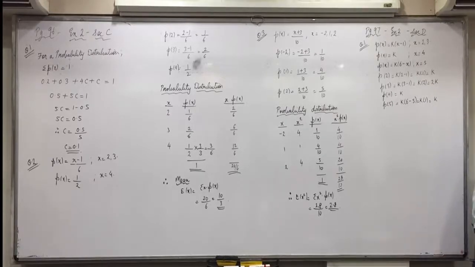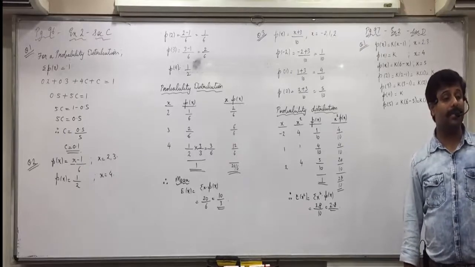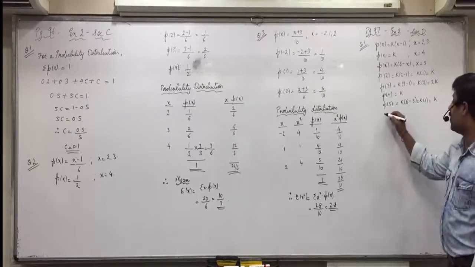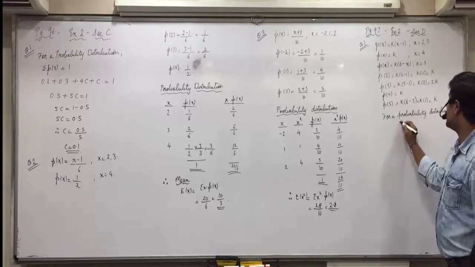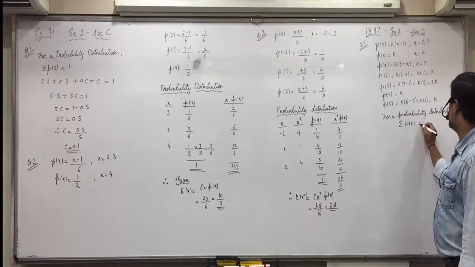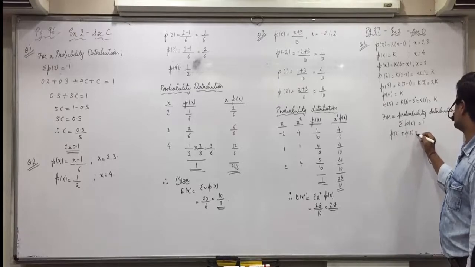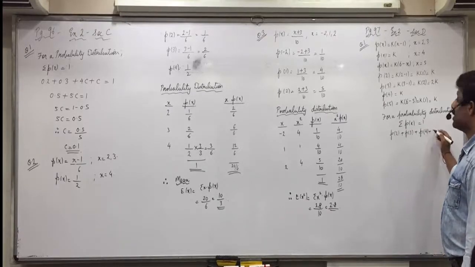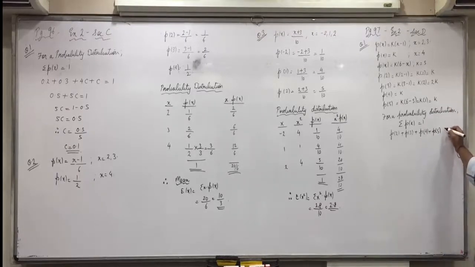Now again, what is asked in the question is to find the value of constant k. So to find constant k, we have to again do sigma p x equals 1. For a probability distribution, sigma p x is equal to 1. So p of 2 plus p of 3 plus p of 4 plus p of 5, that's it, is equal to 1.